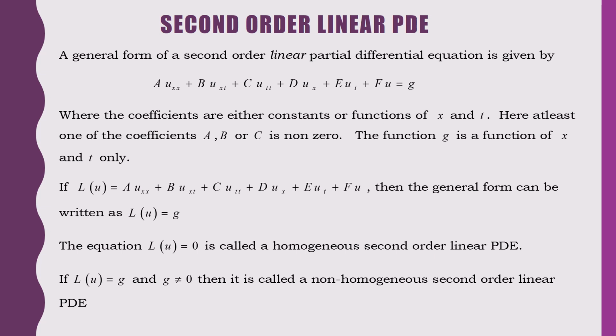Now, if G equals 0, L of u equals 0, then the given second order linear PDE is called a homogeneous second order linear partial differential equation. If the function on the RHS G is not equal to 0, then L of u equals G is called a non-homogeneous second order linear PDE.